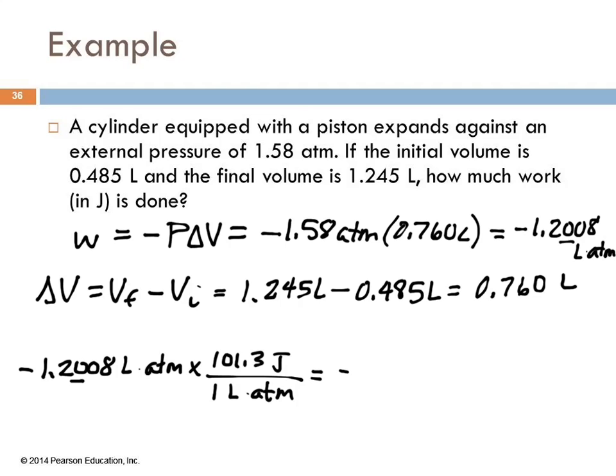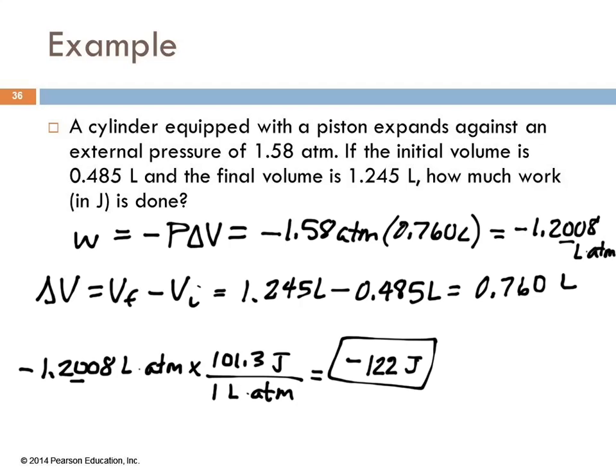So now I'm going to round it off to 3 sig figs, 122 joules. That minus sign fell down. So we can say that W equals minus 122 joules.